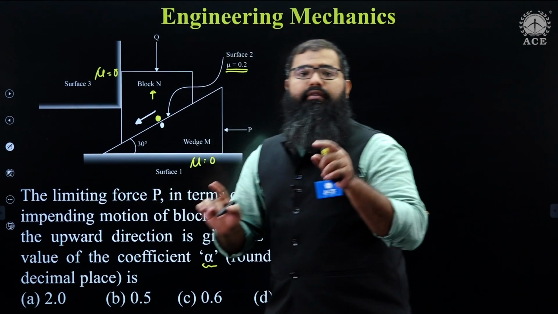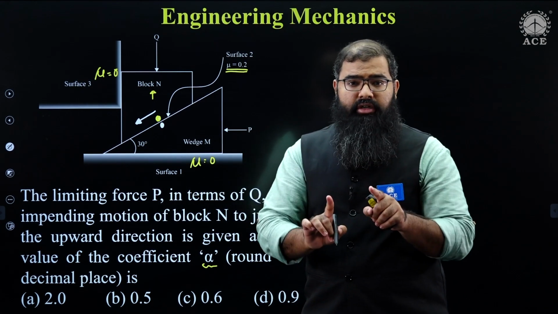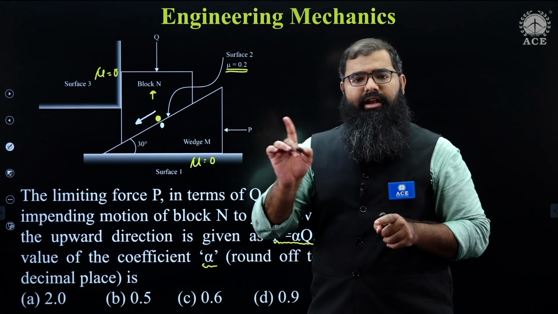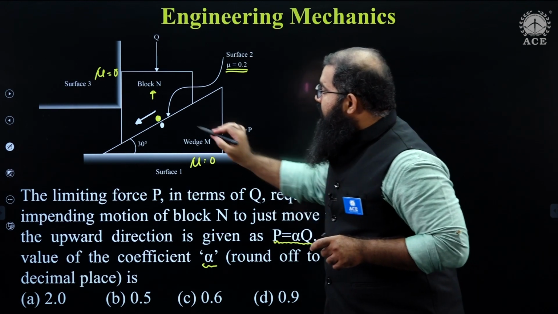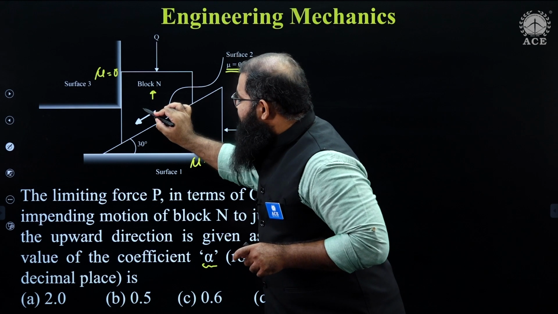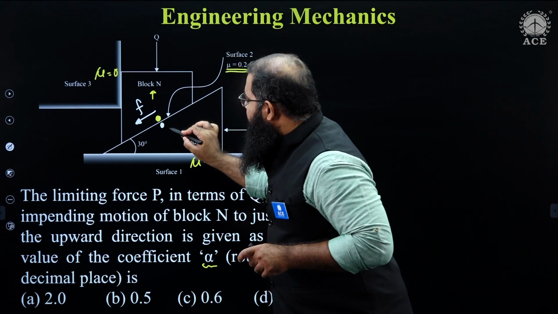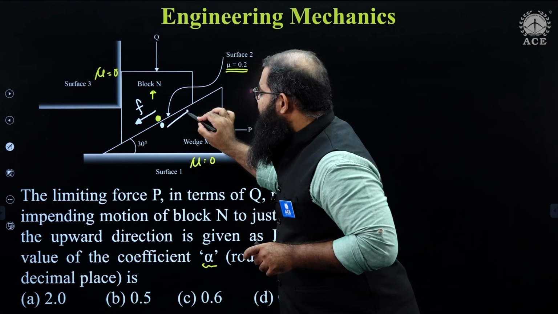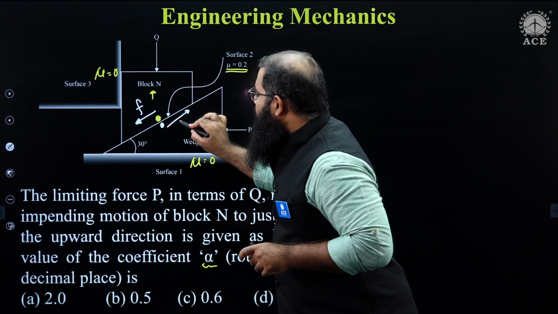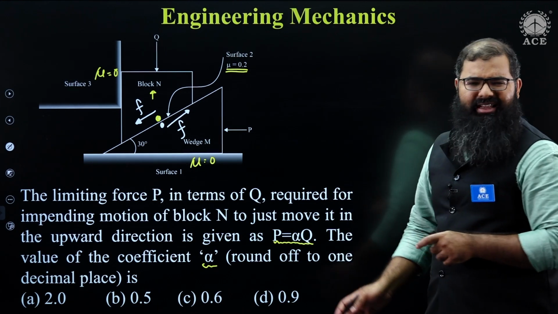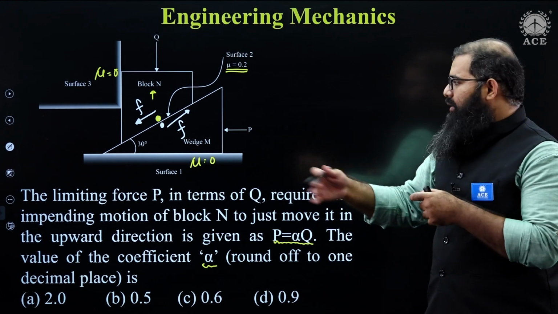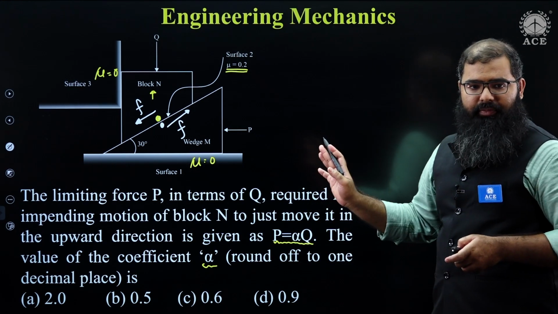Please understand, friction does not oppose motion, friction opposes relative motion. That is why I am concentrating on relative motion over here. So the friction on the block is supposed to come in this direction, and the friction on the wedge, since this is an action-reaction pair, you are supposed to get in this direction. If you have understood this, rest of the free body diagram is a cakewalk. It is going to be extremely easy for you, right?